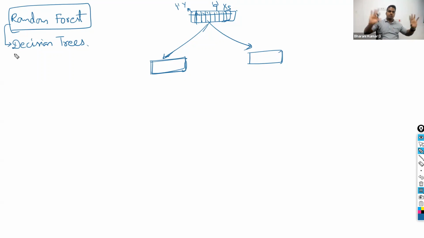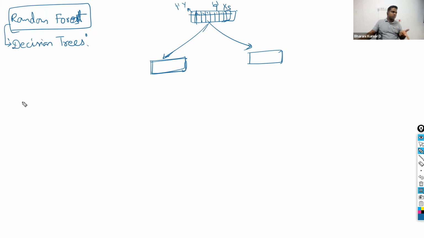That's it. Otherwise, it's decision tree only. The only thing is within random forest, you say build multiple decision trees. If you say build 10 decision trees, then for each of these decision trees, when it's trained, at each split, only a small set of these inputs are selected.